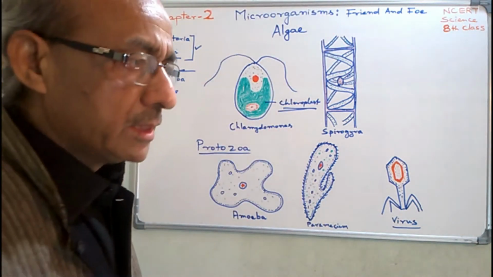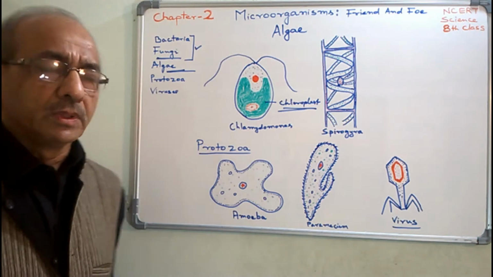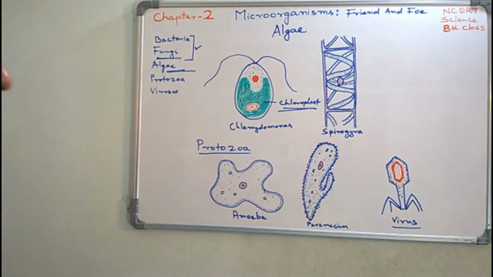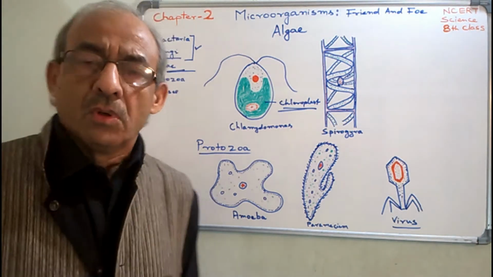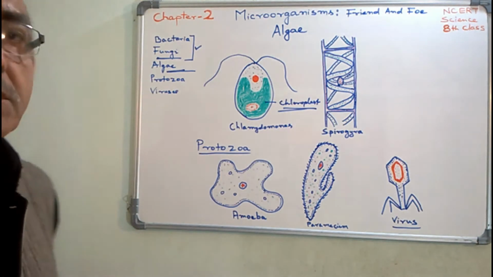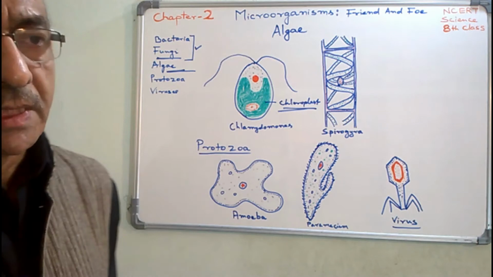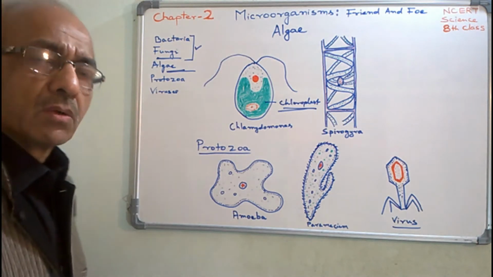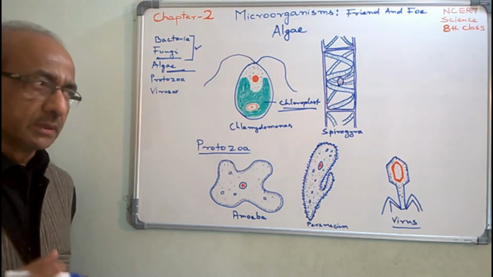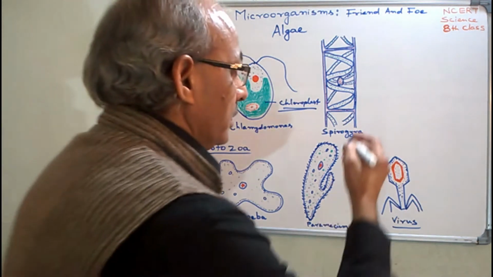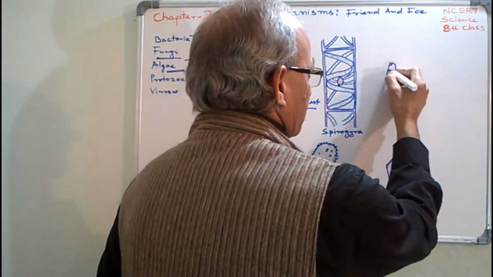So here students, you should know that all the members of algal groups are capable of performing photosynthesis. That means they prepare their own food by the process of photosynthesis. So they are autotrophs.